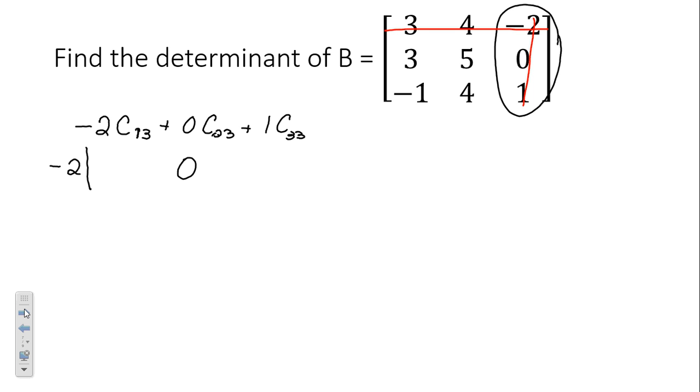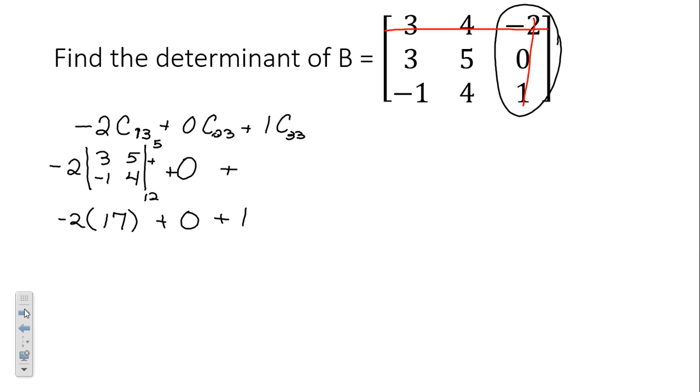So we'll have a 3, 5, negative 1, 4, multiplying on the diagonal, multiplying the minor diagonal and changing the sign, and adding them up. We have that negative 2 out in front to multiply it by. Then we're adding 0, and then we're going to add 1 times the minor of 3, 3.